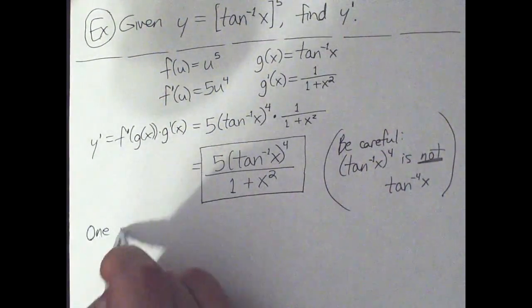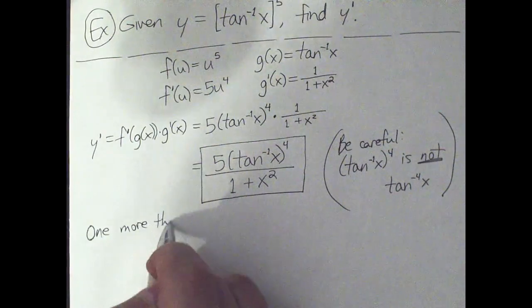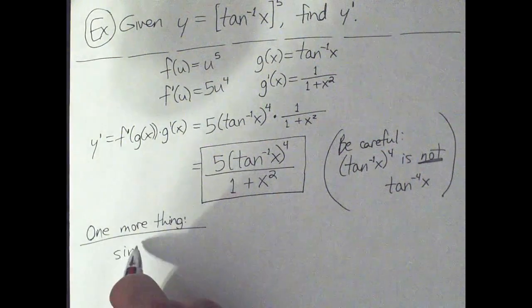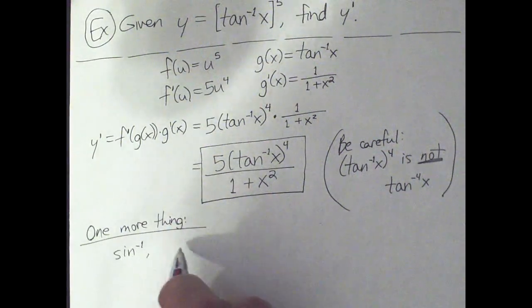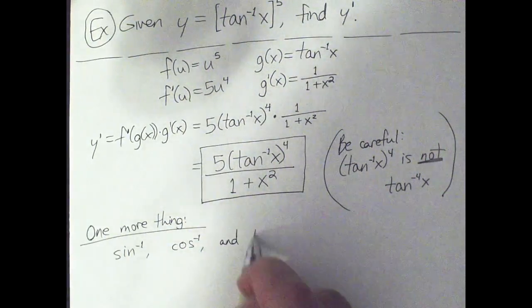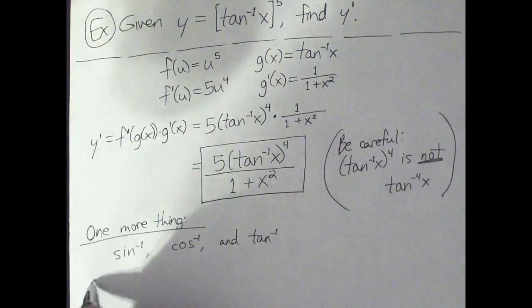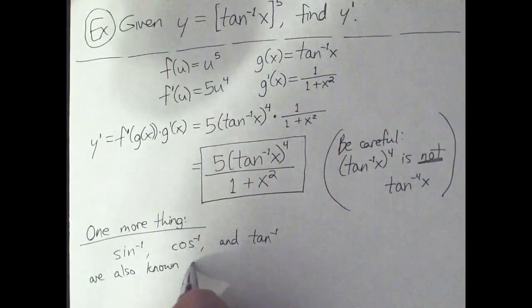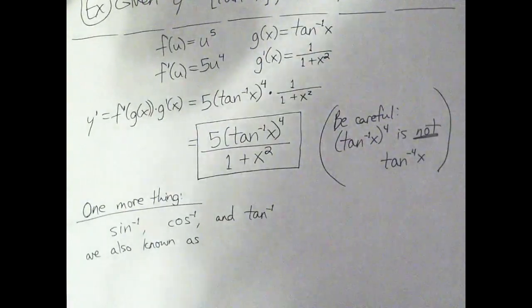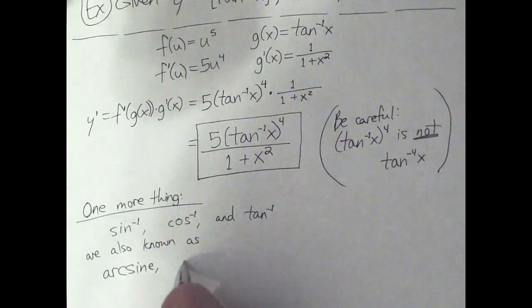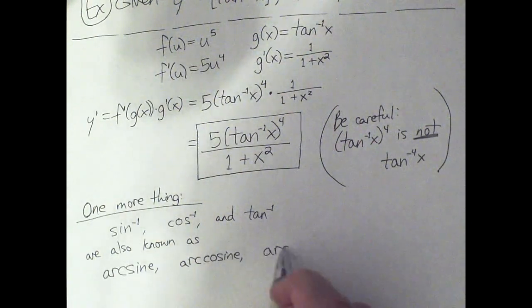So we'll make this our one more thing for today. Inverse sine, inverse cosine, and inverse tangent. You may have heard this at some point, but they're also known as arc sine, arc cosine, and arc tangent.